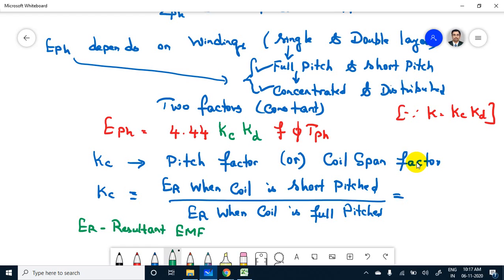So the resultant EMF when the coil is short pitched is 2 into the total E into cos alpha by 2, divided by ER when the coil is full pitched, which is 2 into total EMF E.